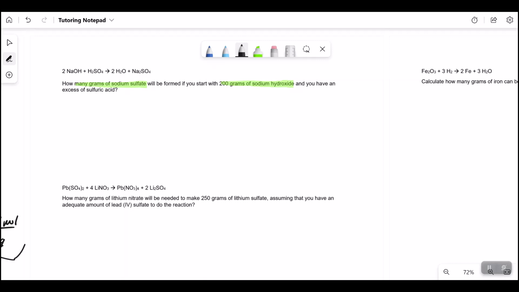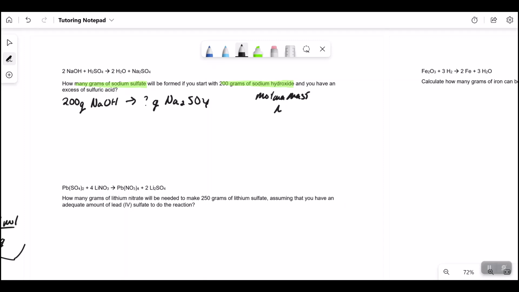So we're starting with 200 grams of NaOH, and we're going to grams of Na2SO4. Let's look at the molar masses first.